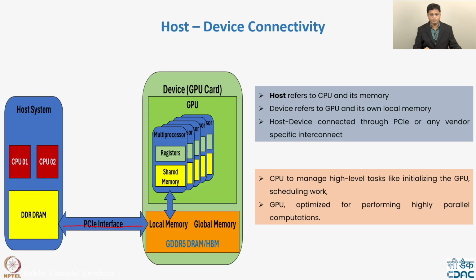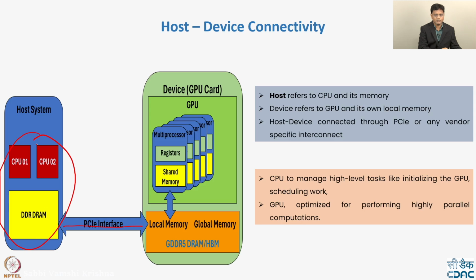In any GPU compute node, there is the CPU and its host CPU memory. In a host device connectivity, you can see that there is a host. Host means the CPU and its own memory, known as the host system, and the additional card that has been added on the same board or same node is known as the device, or you can say the GPU card.